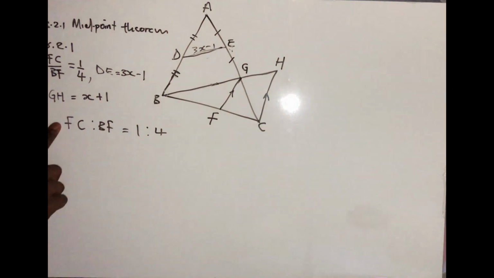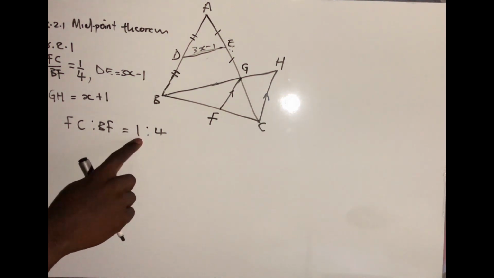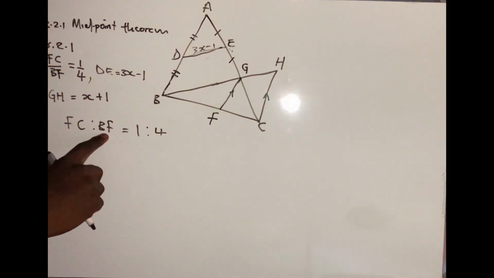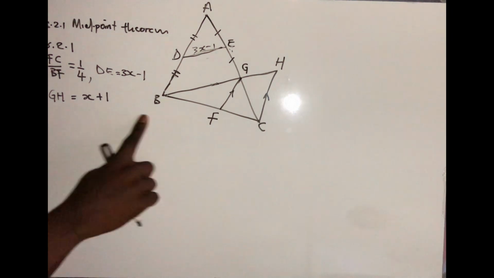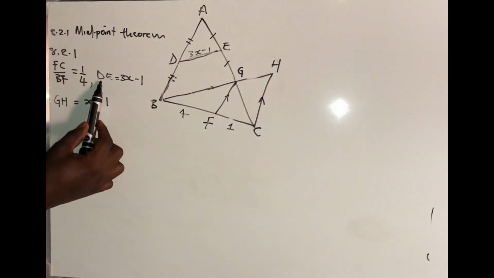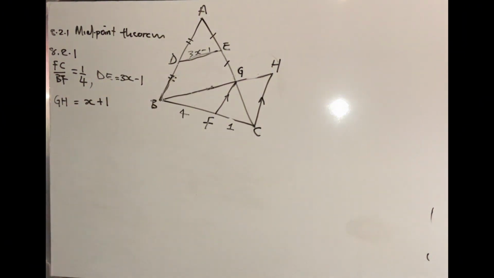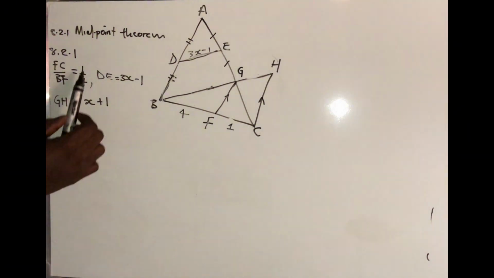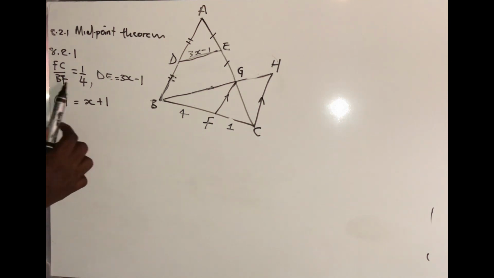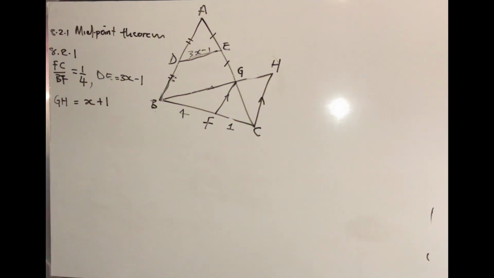Meaning that for every one FC, we get 4 BFs. For every one girl, we get 4 boys. So it's a ratio, not the actual value of FC and BF. As we were given that DE is 3x minus 1, and FC over BF is 1 over 4, that means FC is 1, BF is 4. And also GH is equal to x plus 1.